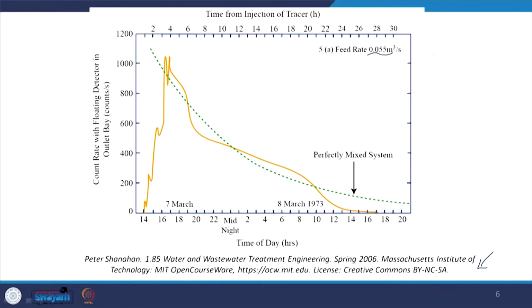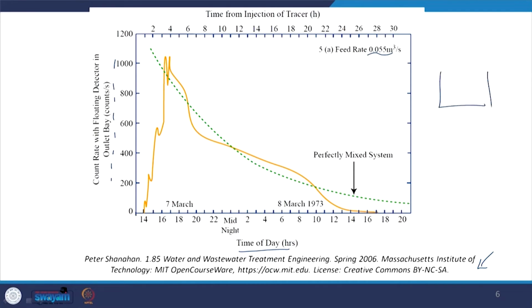So, if it was an ideal system, perfectly mixed, what should happen? Immediately everything should be diluted. So, let me understand the graph here so that we can go through the relevant data. On the x axis we have the time in days, right. So, they started on 7th March at around 12 noon, and then we have the concentration of the tracer in the outlet on the y axis.